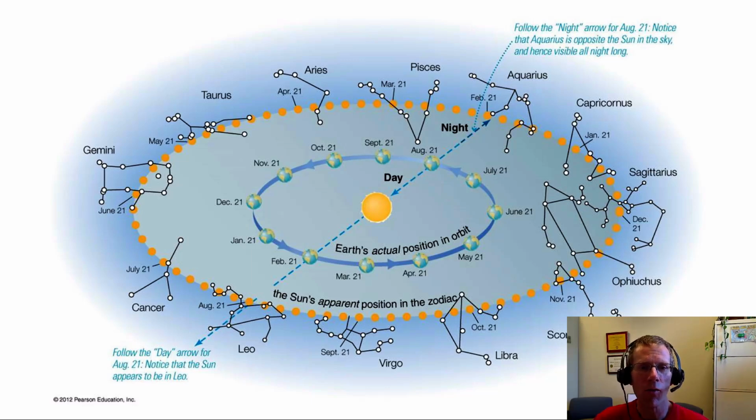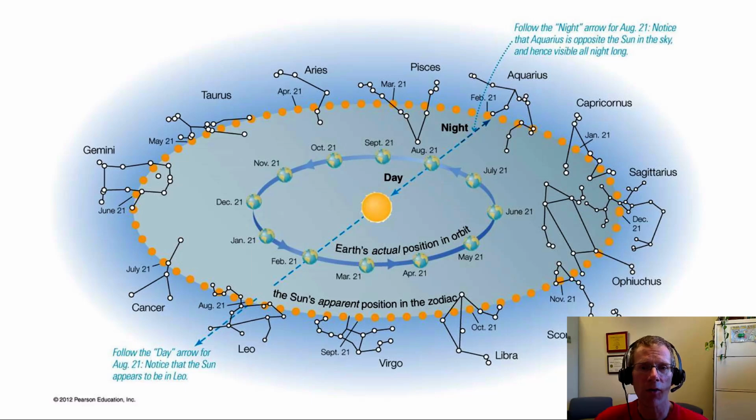So Leo would not be a late summer, early fall constellation, because Leo can't be seen August 21st because it's in line with the sun, and the sun is illuminating the atmosphere, which is keeping us from seeing the constellations near it. So the best time to see Leo would be 6 months later, or 6 months earlier, February 21st.